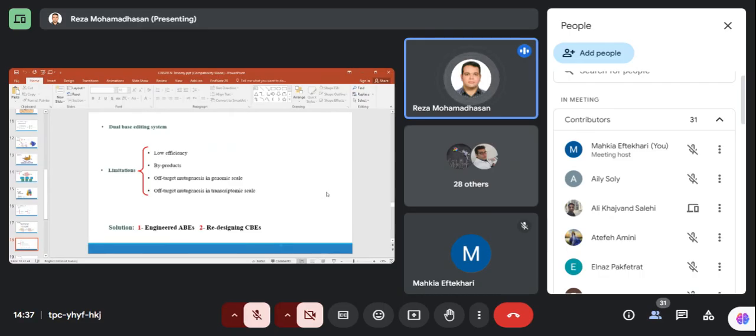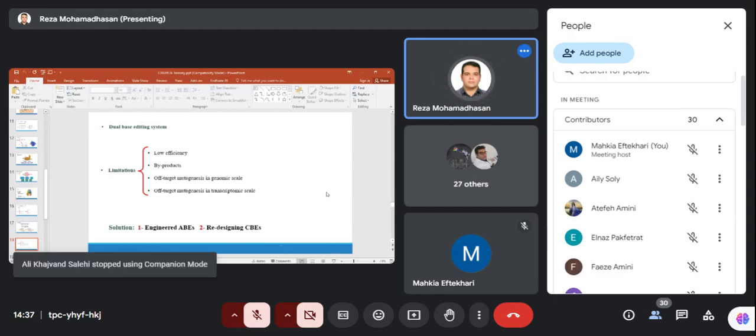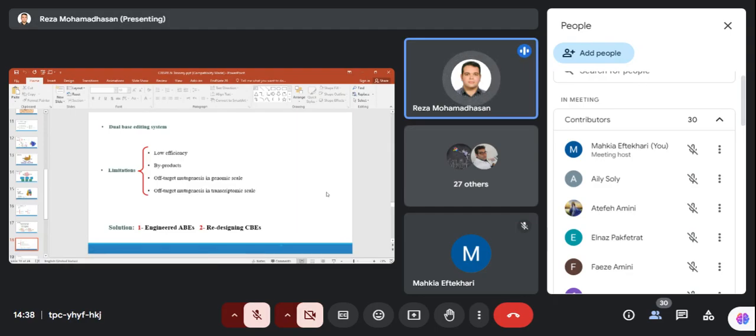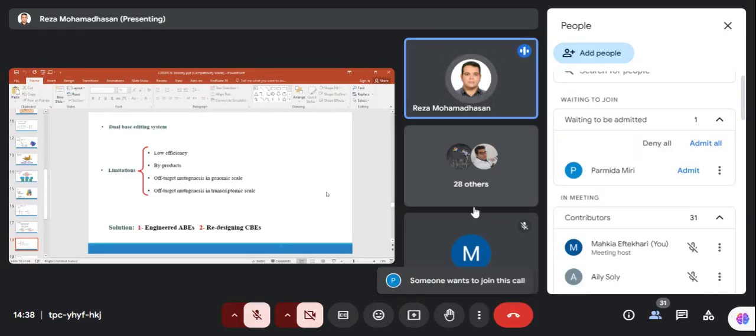Base editing is actually a dual base editing system. However, there are some limitations, such as low efficiency, byproducts of targets, and mutagenesis at genome scale and also transcriptomic scale.